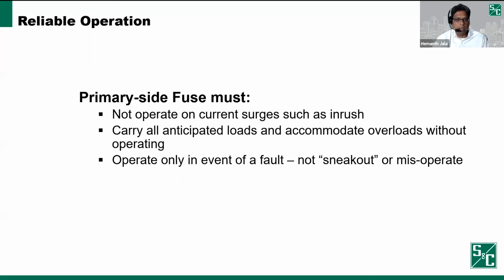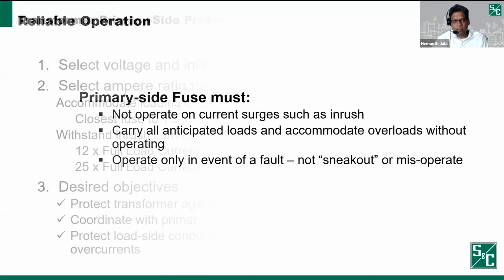The last but not the least is you want to make sure that the fuse that you're selecting will only operate when there is a fault event, when there's an overcurrent situation. You don't want that fuse on a transformer, or any fuse, to operate when there's no fault, which is what we define as sneak out or misoperation. It should only operate when there is a fault on the system and that fuse is called upon to operate.